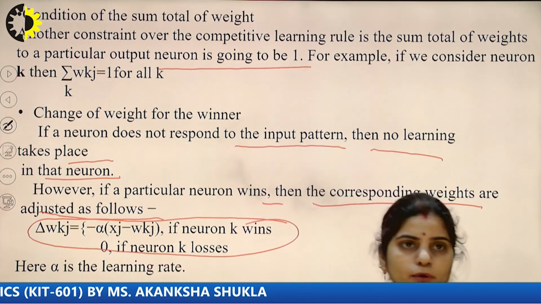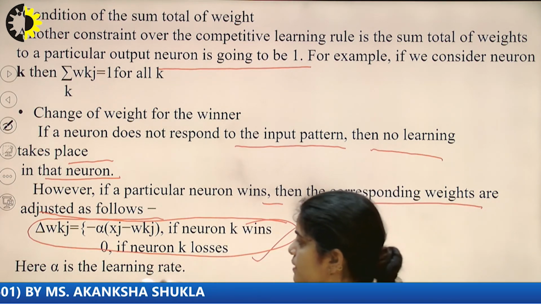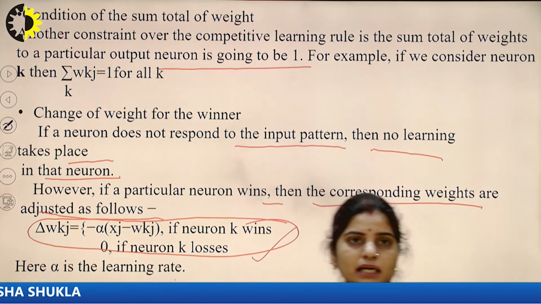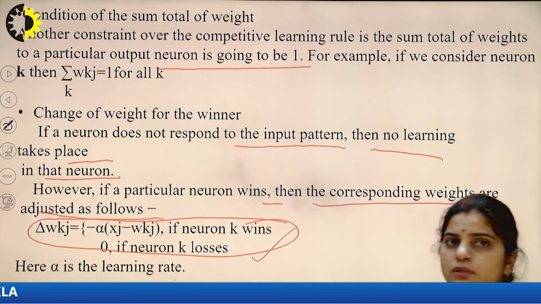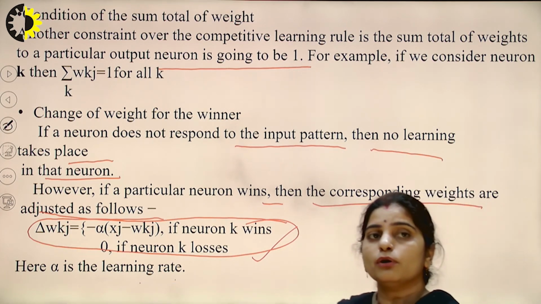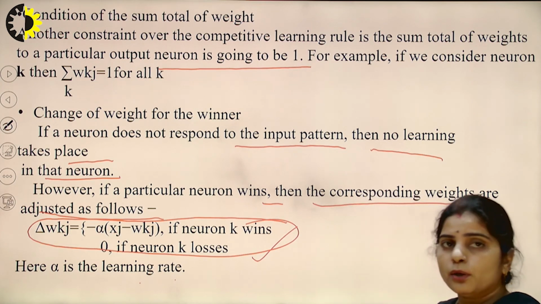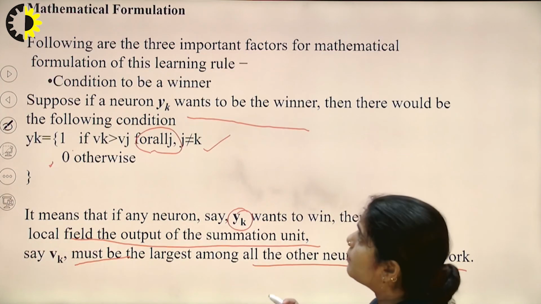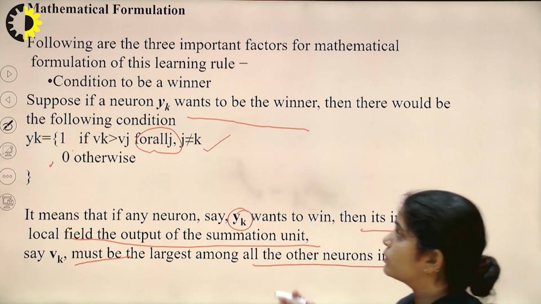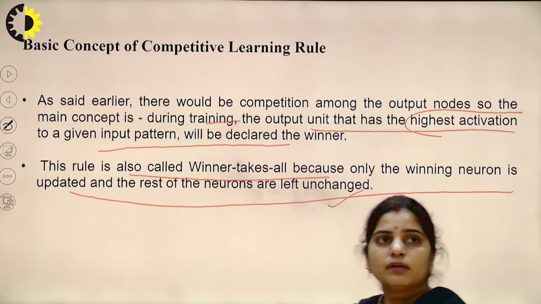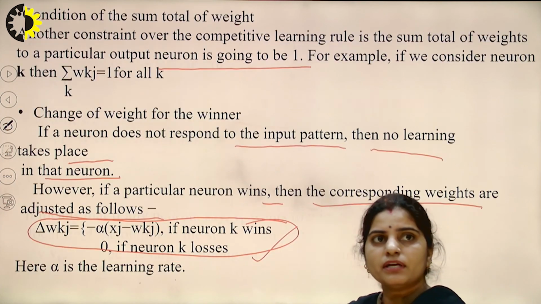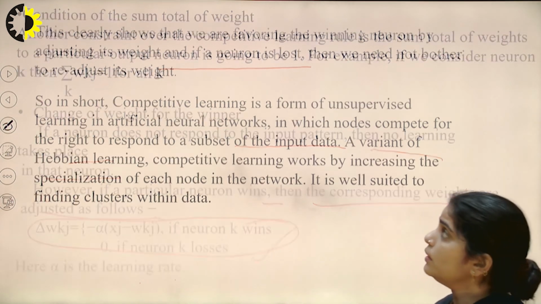Here alpha is the learning rate. On the basis of this learning rate, we adjust the weights if an individual neuron wins. So these three are the mathematical formulations for the competitive learning rule. First is the condition to be a winner, the second is the condition for the sum total of the weights, and the third is change of weight for the winner.